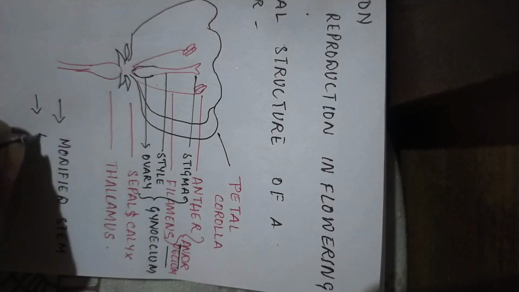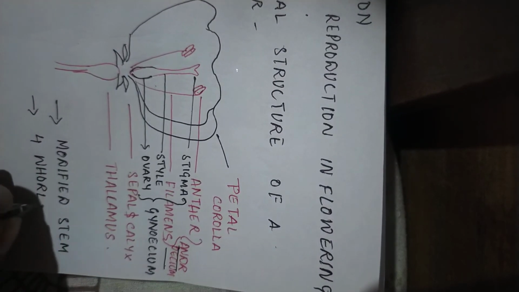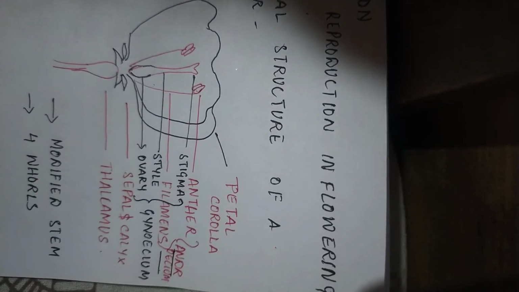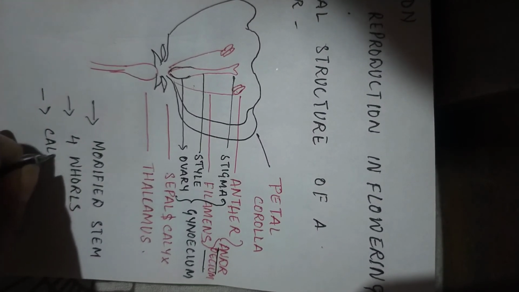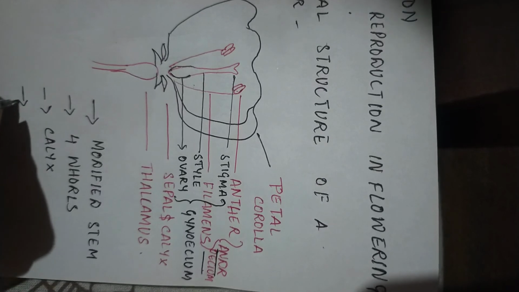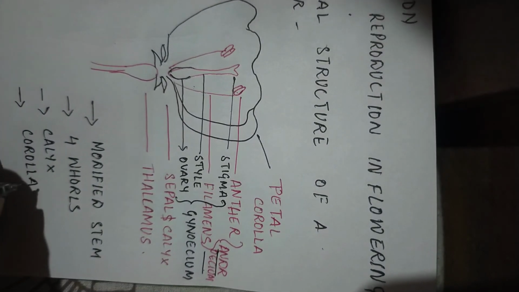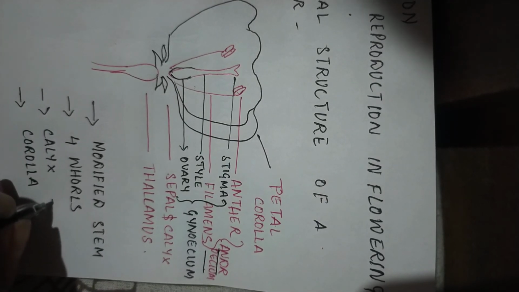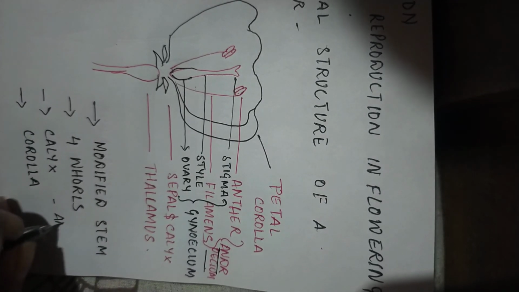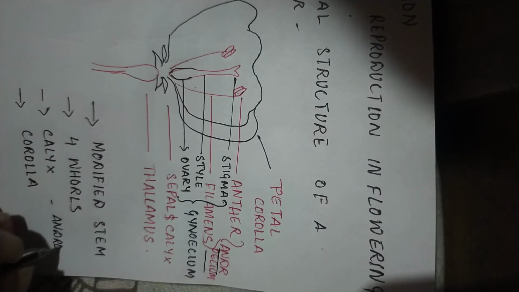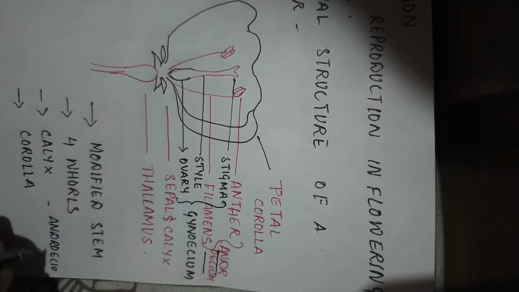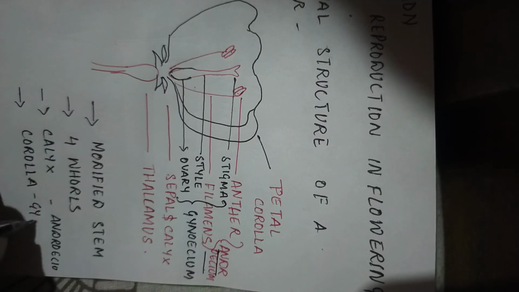It consists of four whorls: the calyx, the corolla, the androecium, and the gynoecium.